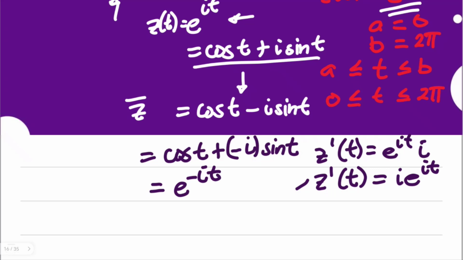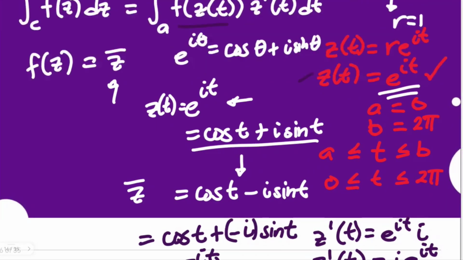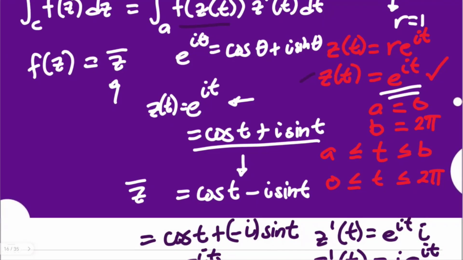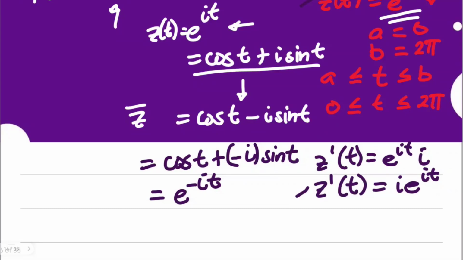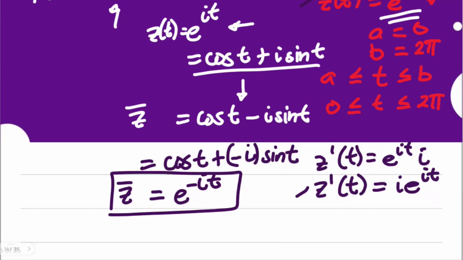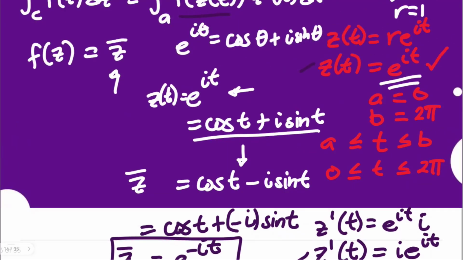This is actually what you will be using, not the positive it, because we are now on its equivalent conjugate. Hopefully that's clear. That's why I also would like to introduce that here. So our z bar is actually e to the power of negative it. We will not be using this positive, but we use that to identify the given function.